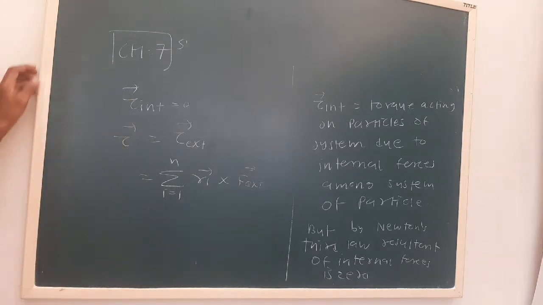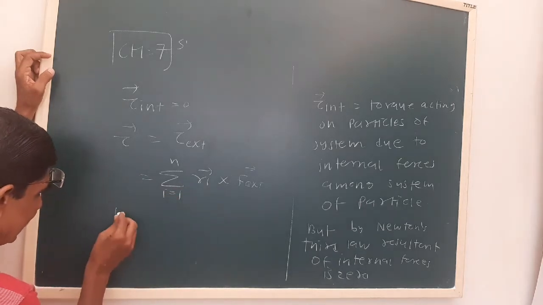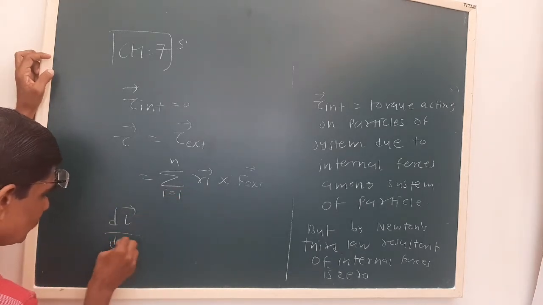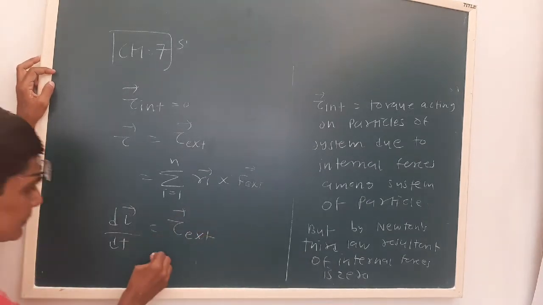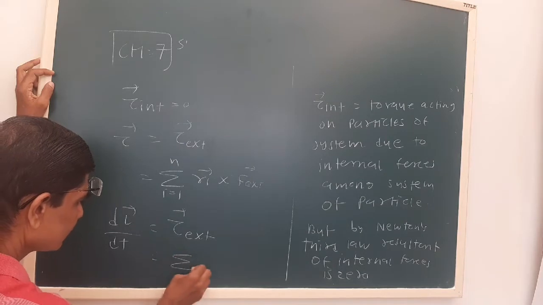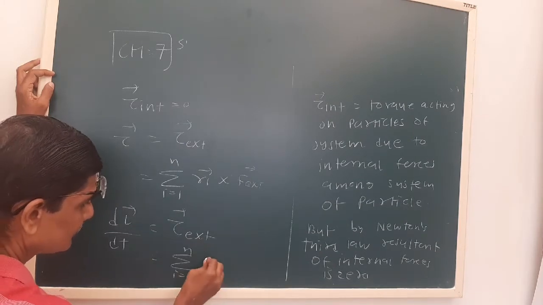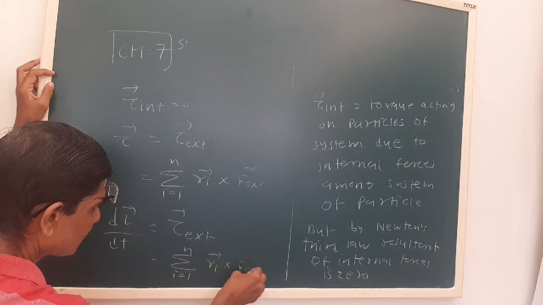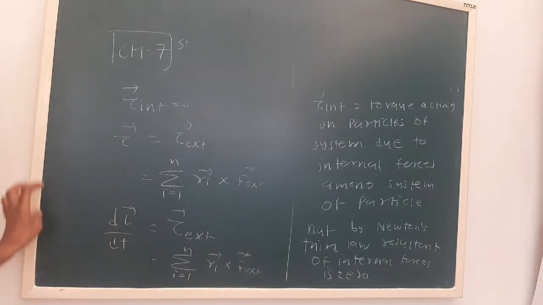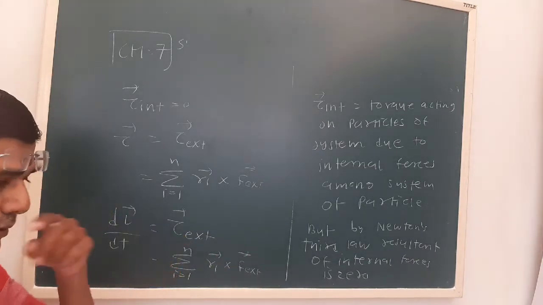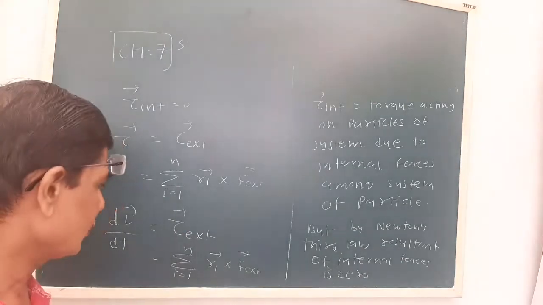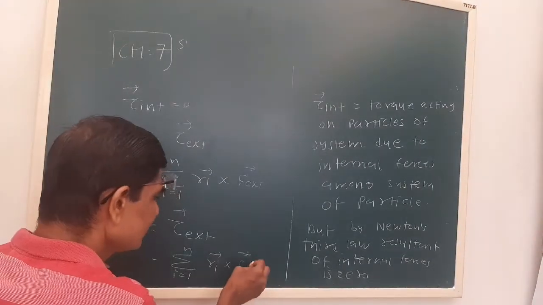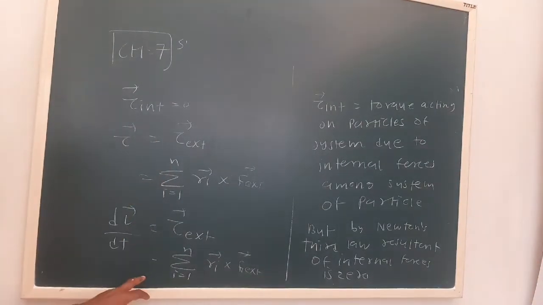So dL/dt is equal to the external torque, that is the summation of r_i cross F_i external, where i varies from 1 to n.